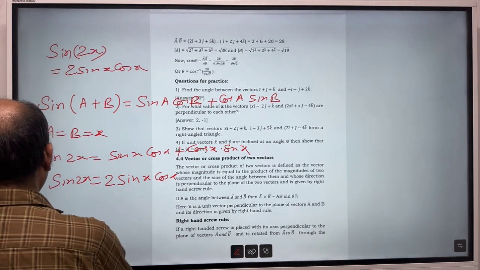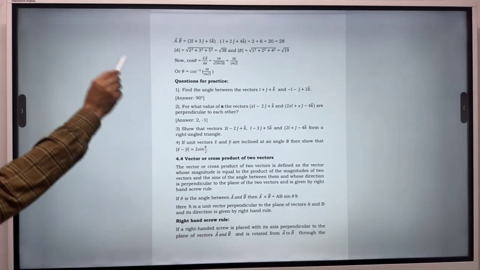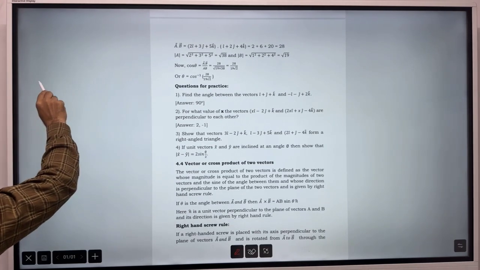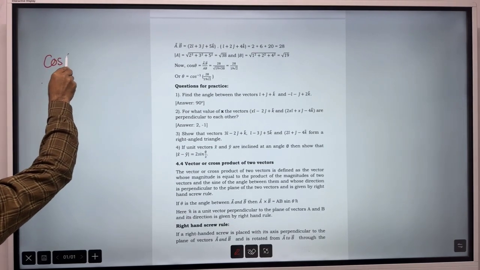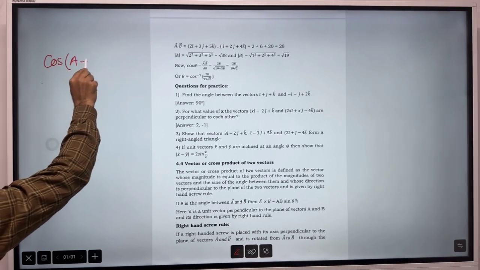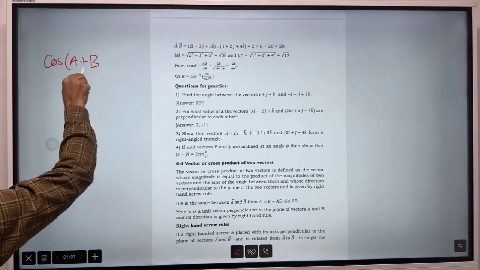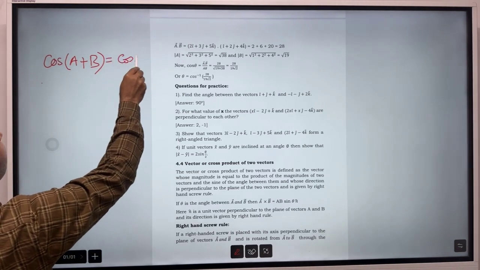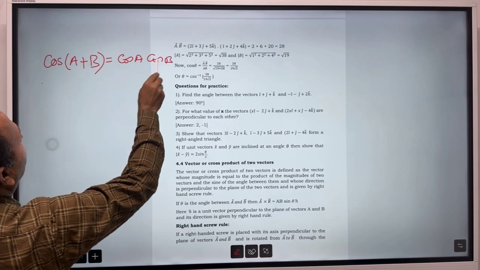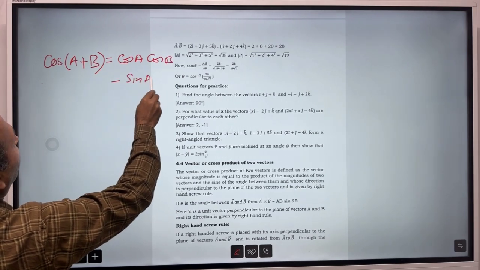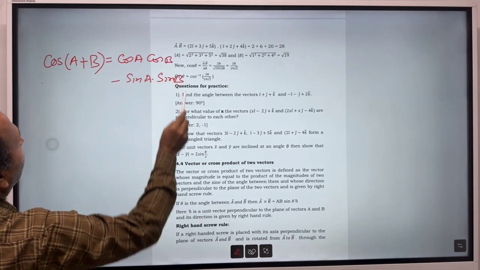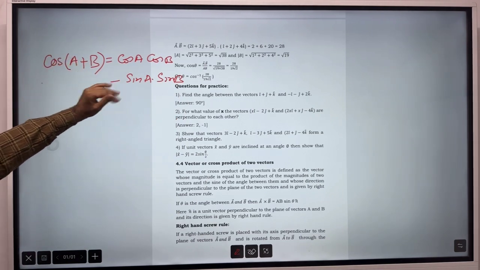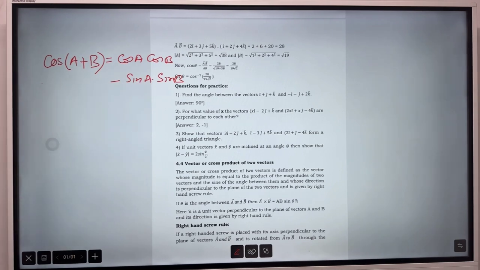Similarly, suppose you need cos 2x, so we can write cos of a plus b. Suppose we take cos a plus b, then it gives cos a cos b minus sin a sin b. Here one anomaly you have to note, when there is plus sign in LHS in case of cos, then there must be minus sign in RHS.